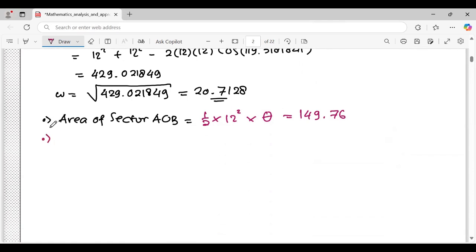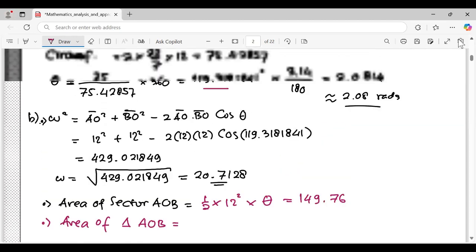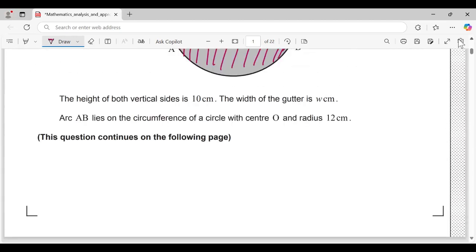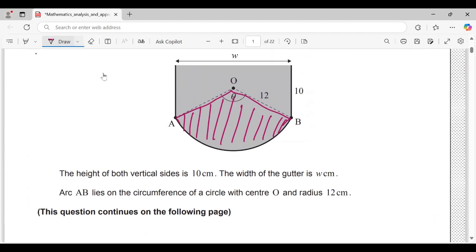And next is the area of triangle AOB. This one I'm going to show you. Triangle AOB is this triangle. So we're going to calculate the area of this triangle.